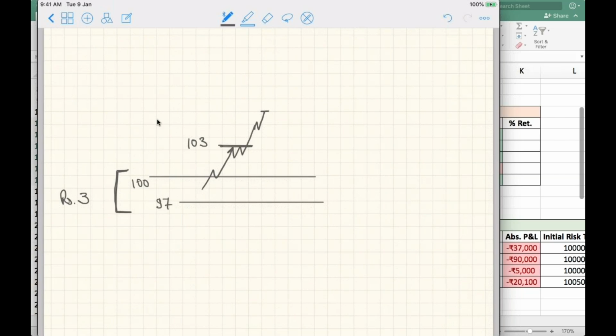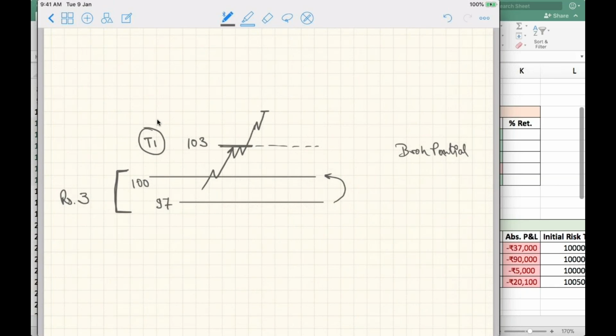Now all that you have said, break even, trail, stop loss: the moment it gives you what you were willing to give, you can break even, book partial profit, or book full profit. So 103 should be your essentially first level, T1.